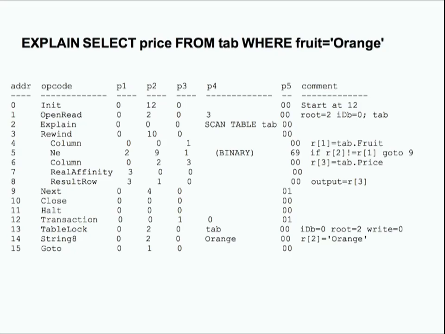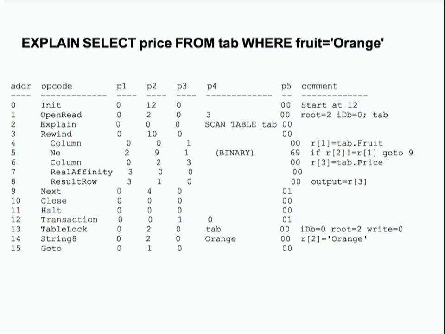It's a standalone executable. Download it and start it up, and it will start with an in-memory database. Then you can create a table and run this command. If you put the keyword EXPLAIN up front, instead of actually running the SQL, it will show you the bytecode that it would have run. And so this is exactly what you see.